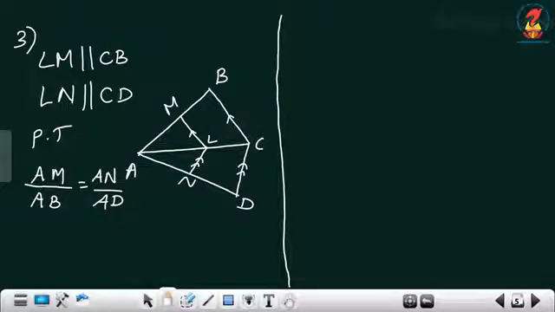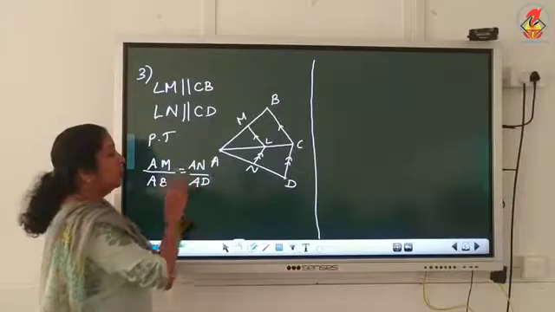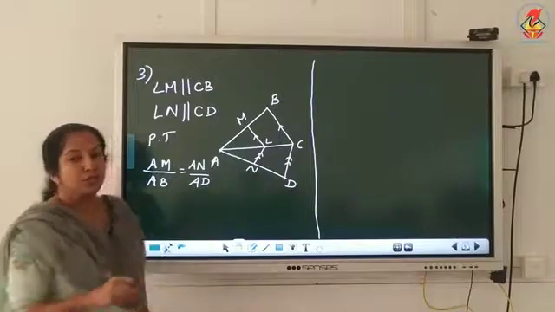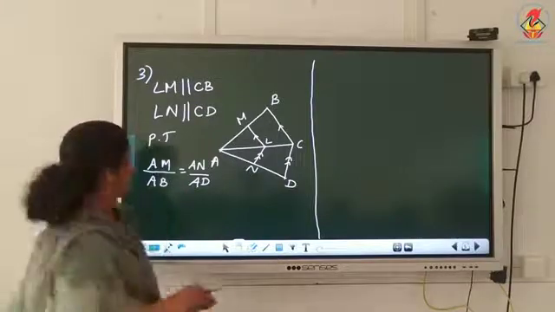Next question, the third question. It is given that LM is parallel to CB and LN is parallel to CD. What you have to prove is AM by AB is equal to AN by AD. Here we are using the result which we got in example 1.